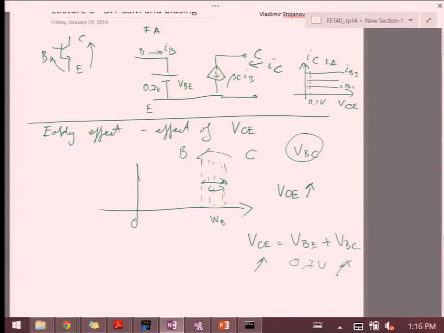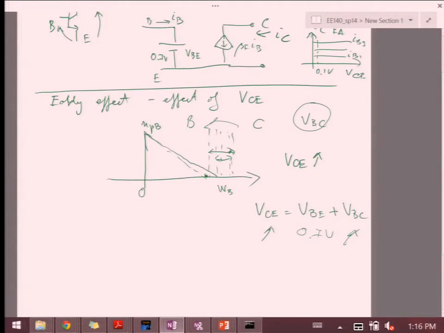Now, we had this minority carrier concentration that was NPB, from the slope of which we calculated the collector current, the diffusion current. So what's really happening here is that if I shrink the base by extending the depletion region, my slope gets bigger, because I have to pin down to 0 here in a shorter distance.